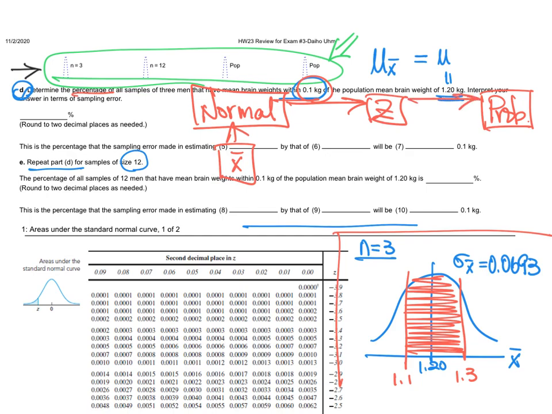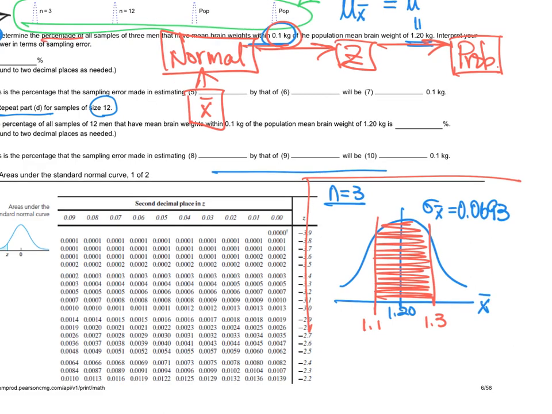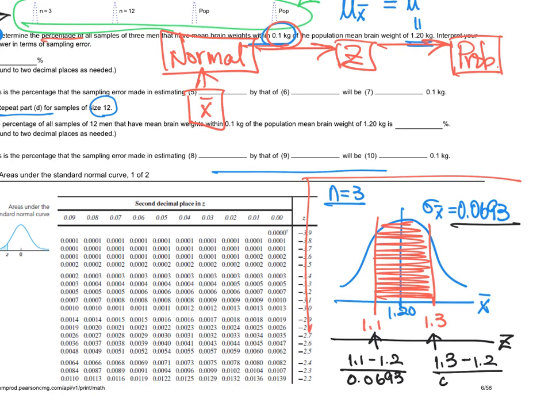So by the map, we need the z-scores at 1.1 and 1.3. So it's 1.1 minus the mean 1.2 divided by the standard deviation 0.0693, and the other one should be 1.3 minus 1.2 over 0.0693 again.